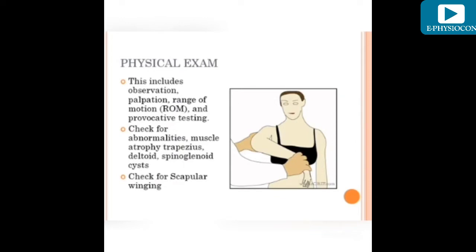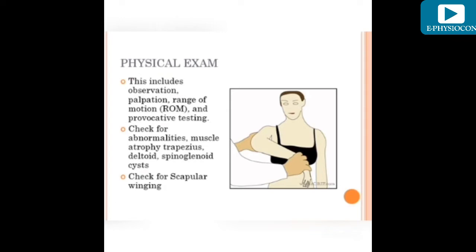The physical exam includes observation, palpation, range of motion, and provocative testing. Provocative tests are nothing but special tests. If you observe the patient, you will get to know whether there is muscle atrophy of that shoulder joint.